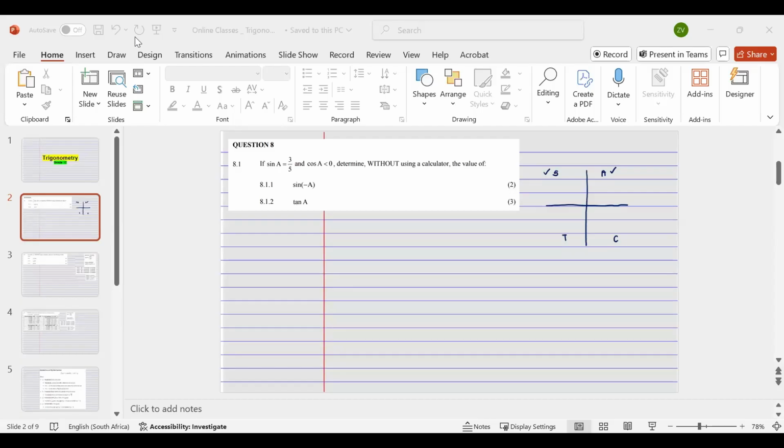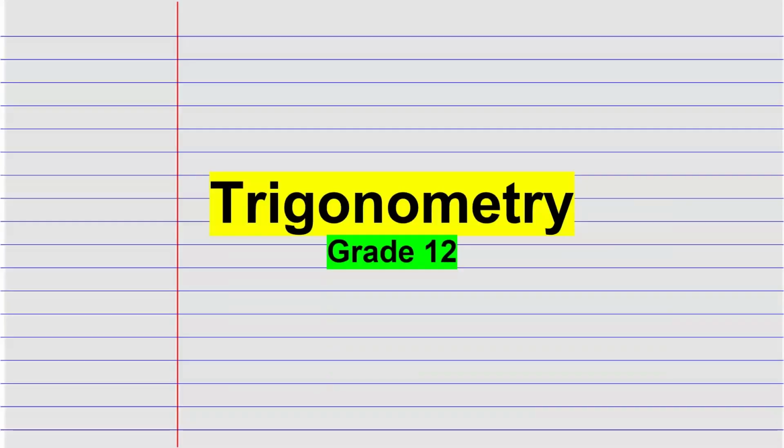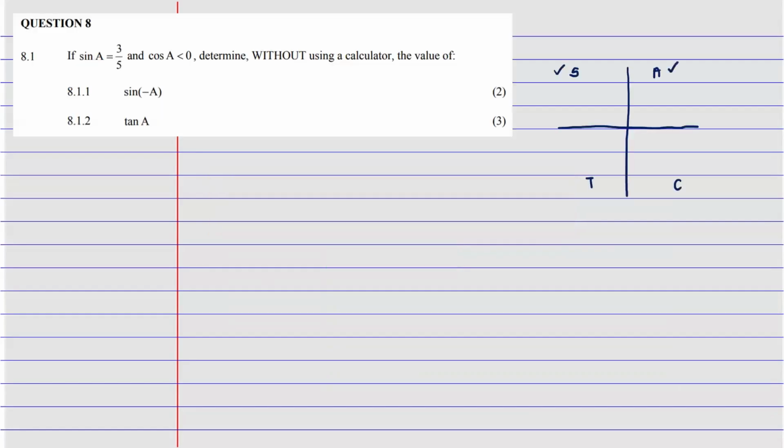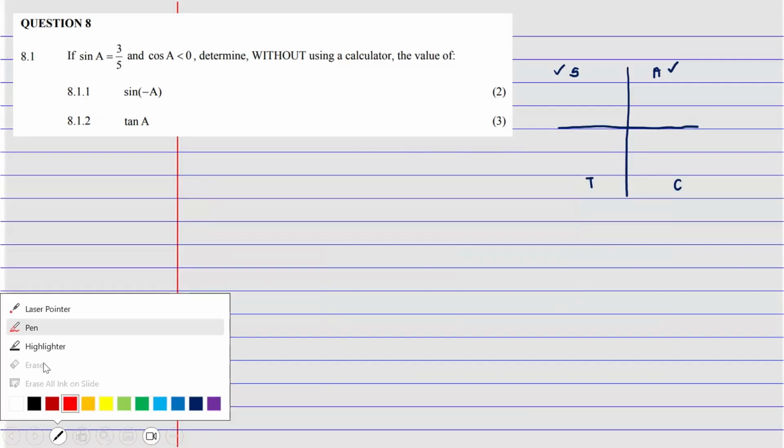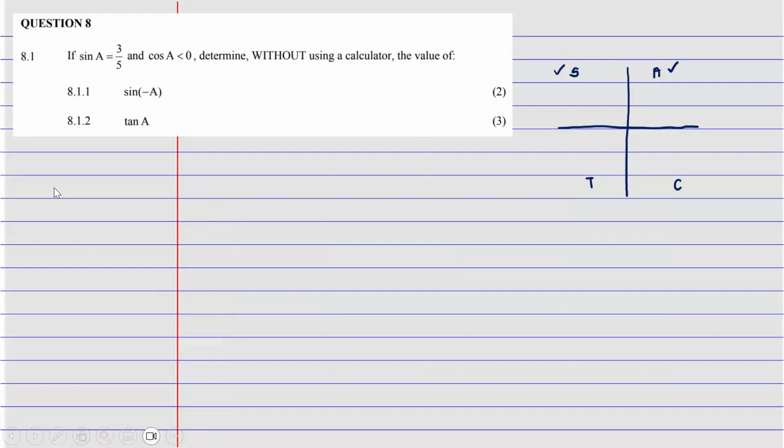Okay, I'll explain again. Does everyone see the trigonometry notes? Can you guys see the trig notes? Yes, ma'am. Okay, cool. Let me erase this and start all over again.